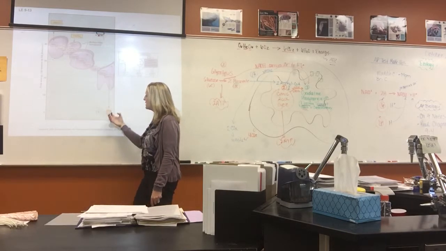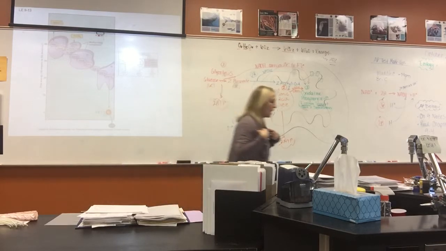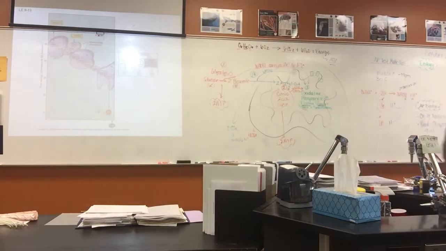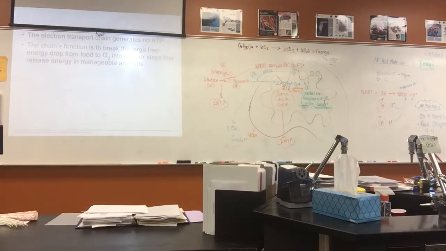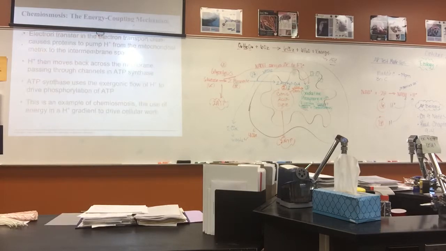And so eventually, by the time we get to making water, a lot of that energy has been converted into a type of energy that can be used to do work. So it's not as wasteful. And so that's what it means here, into smaller steps that release energy in manageable amounts. Kind of like us burning gasoline. I used that example on Tuesday, burning gasoline in our car. We could throw a match on the gasoline and get a lot of energy out of it, or we can burn it in a more controlled way, and we can get it to do more work for us, and that's what we do with gasoline in our car.